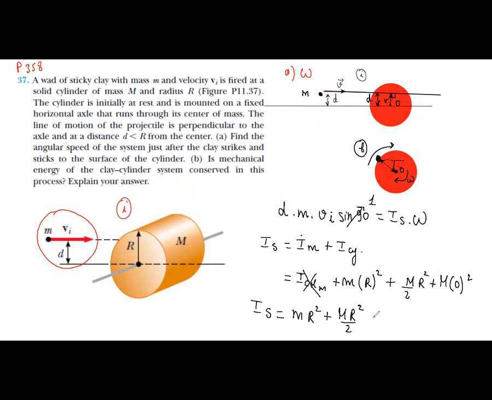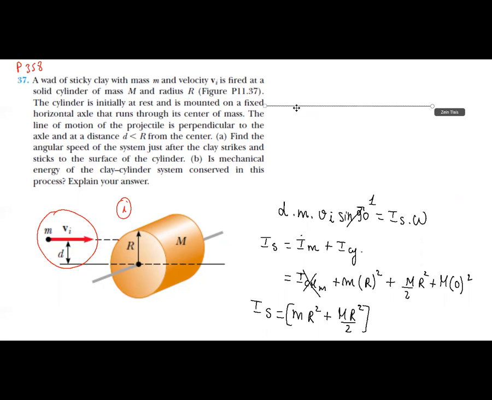Here we have the value of I, so we can substitute the value here. d times m v initial equals (mR squared plus mR squared over 2) times omega.